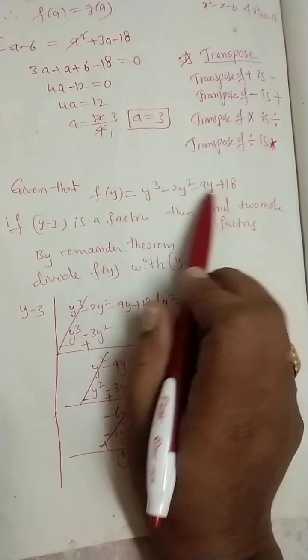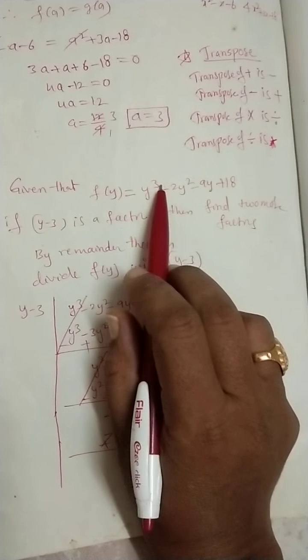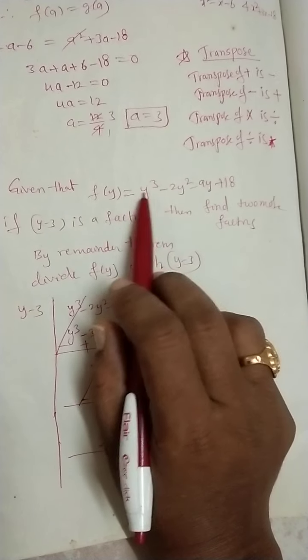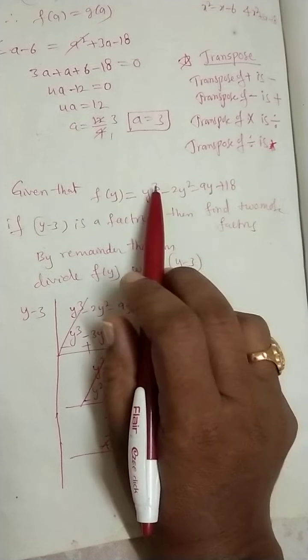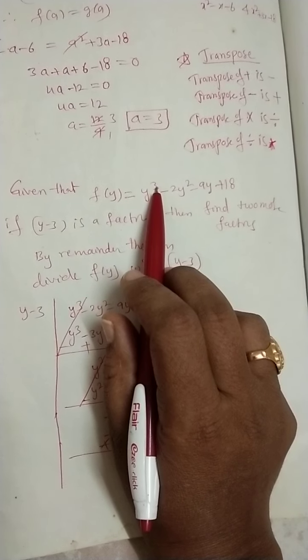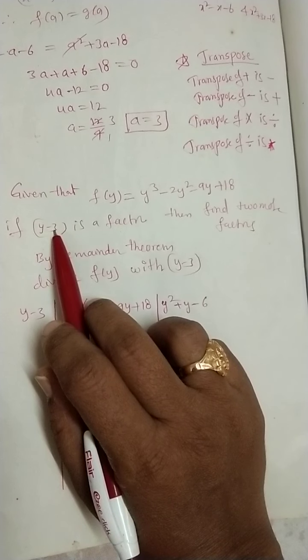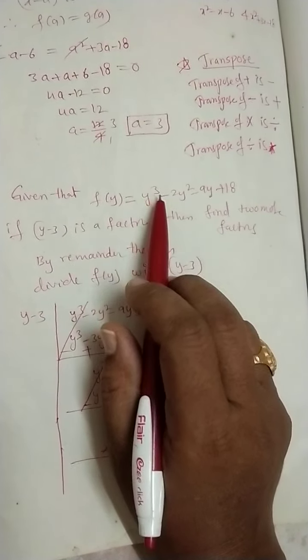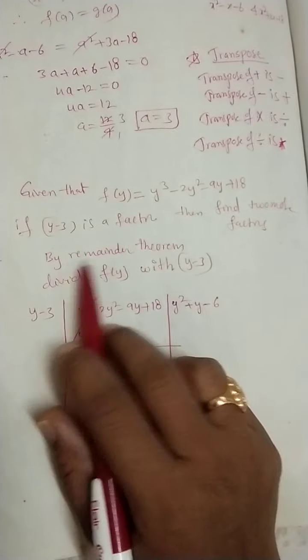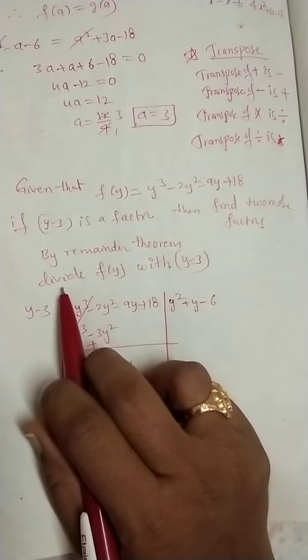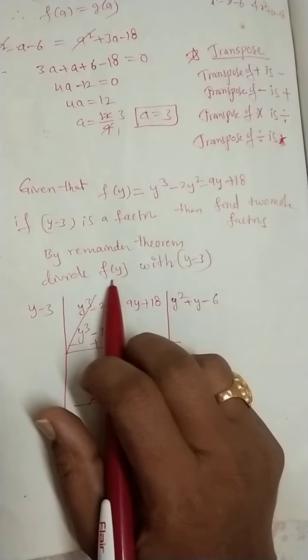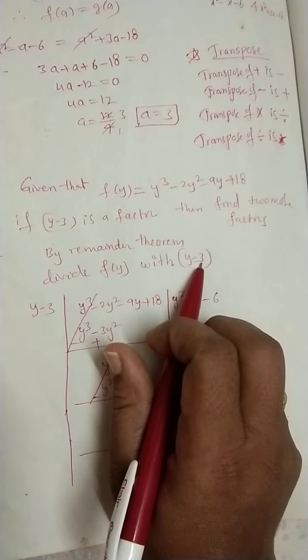Once you see the polynomial, the power 3 is there. Whenever a given polynomial has power 3, it should have 3 factors compulsorily. But here one factor is given, so 2 more factors we need to find. By the remainder theorem, divide the given polynomial by this given factor.